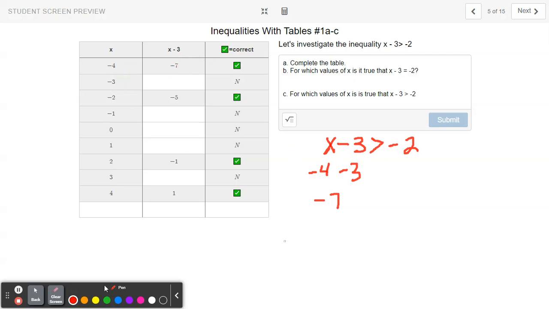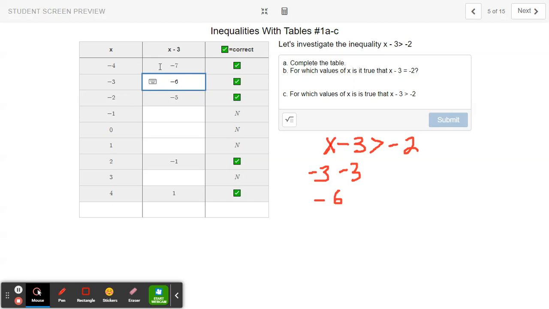So if we put a negative 3 in for x instead of negative 4, the answer for x minus 3 is negative 3 minus 3, you actually get negative 6, right? So let's put that in. If x is negative 2, it's negative 2 minus 3. That gives you negative 5.